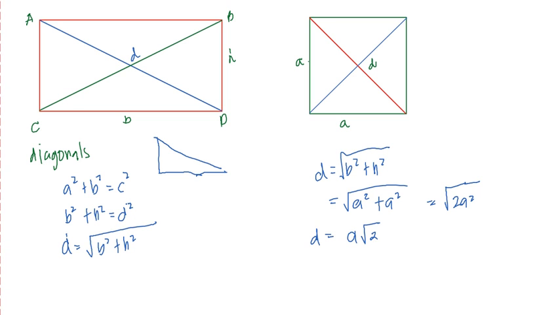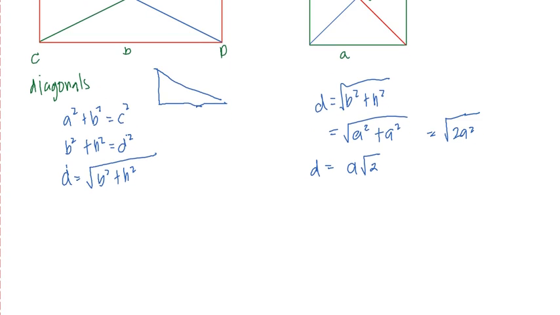Next one, similar to the parallelogram and even our polygons, we can solve for the perimeter. Again, perimeter is the distance or the sum of all the sides. So the perimeter of our rectangle is the sum of the four sides: perimeter is equal to two times base plus height, so 2b plus 2h.